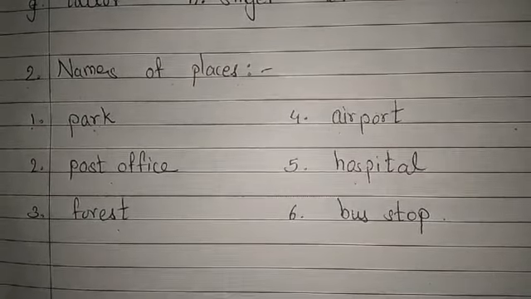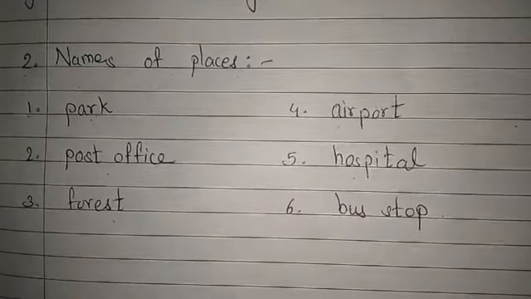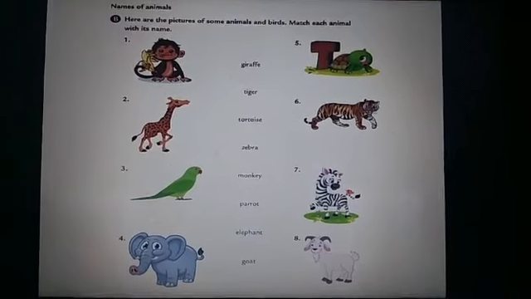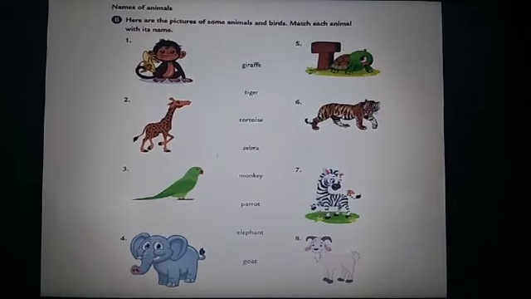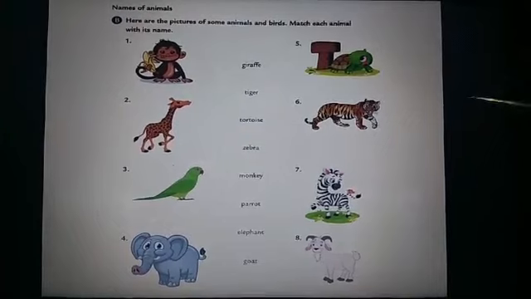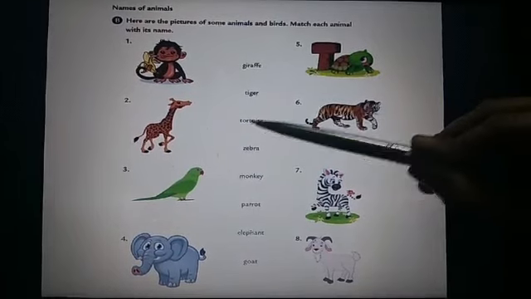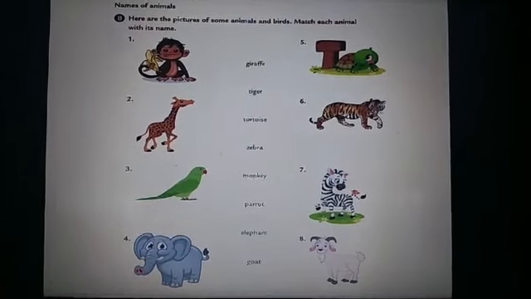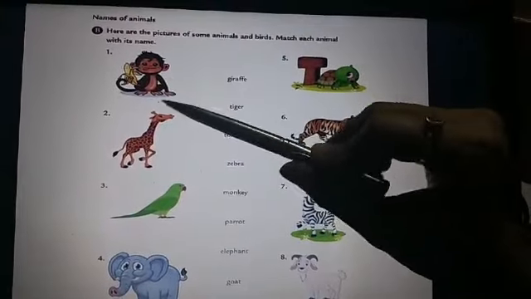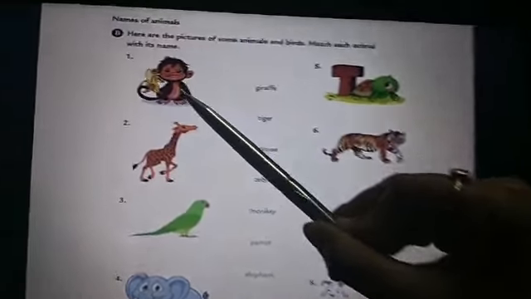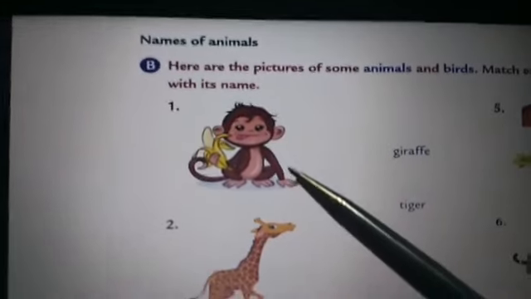Now let's see names of animals. Here are pictures of some animals and birds. You have to match the picture with the name. So our first picture is of, now this is our first picture. What is this? It is a monkey.